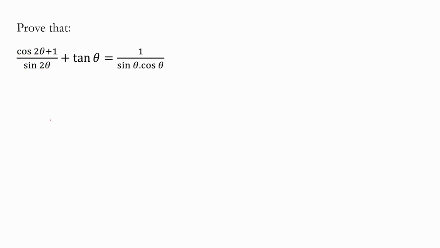Now we said for cos 2 theta, we're going to use 1 minus 2 sine squared theta. We see that we're going to prove our identity even if you use it.